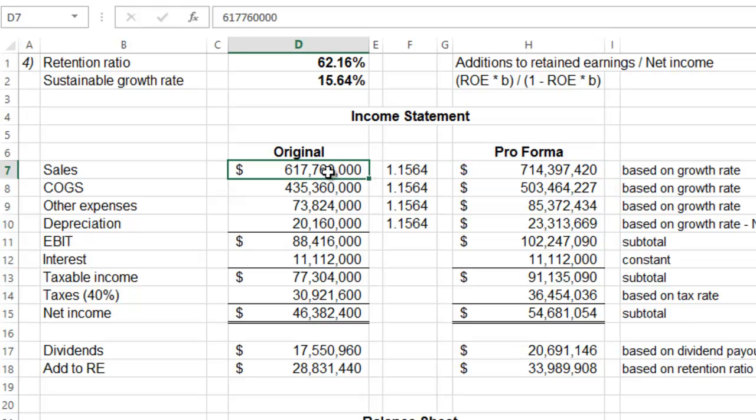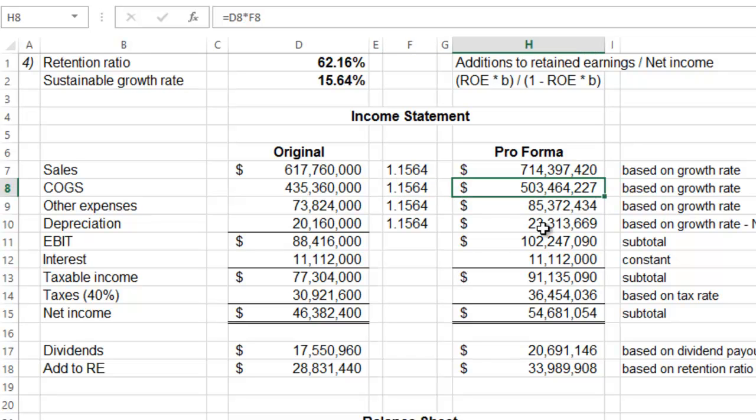So sales growing at a rate of 15.64% translates to this amount. Cost of goods sold growing at a growth rate of 15.64% translates to that amount, etc. So you can see all of these top 4 items I'm assuming will grow at that assumed growth rate.